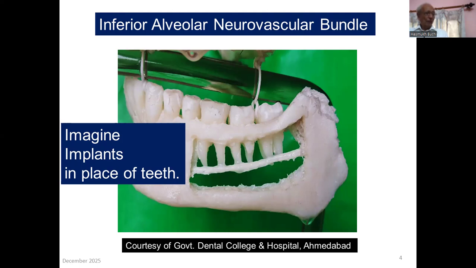And in this particular dissection, the neurovascular bundle is very close to the mandibular molars which are shown here, and about the middle of the body of the mandible. And we can see that the neurovascular bundle is lateral to the apices of the roots of the molars.